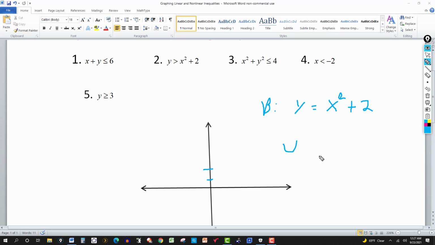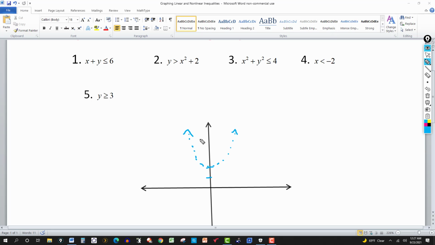If it has a negative in front, the graph opens the other way. So this one opens up.